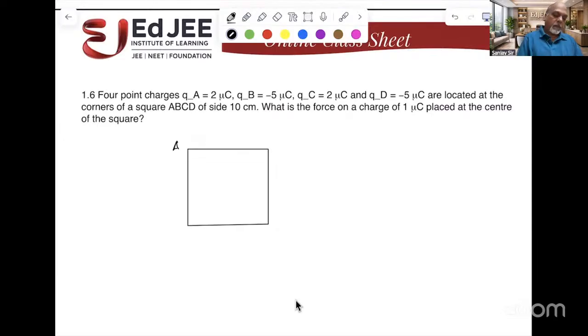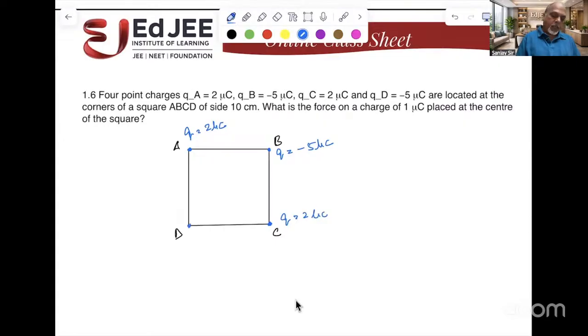Suppose this is A, this is B, this is C, this is D. Now on A there is a 2 microcoulomb charge, on B a -5 microcoulomb charge, on C a 2 microcoulomb charge, and on D a -5 microcoulomb charge. Correct?